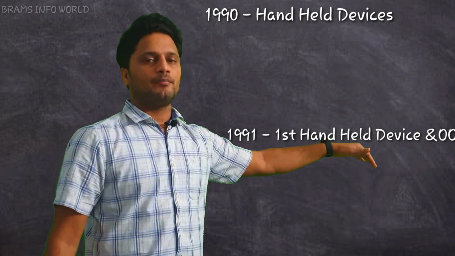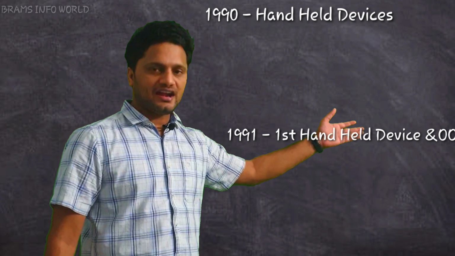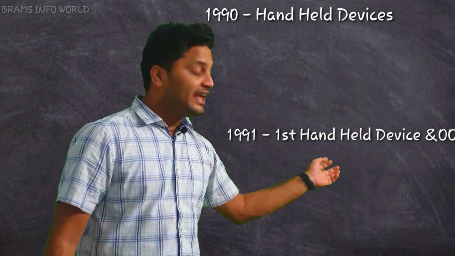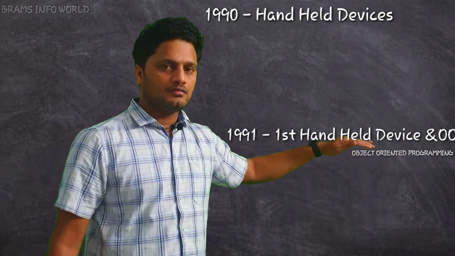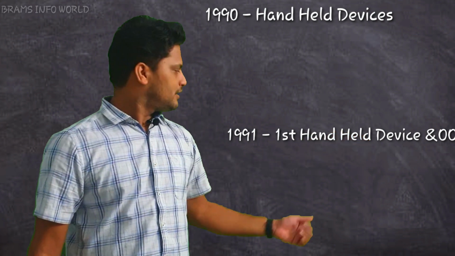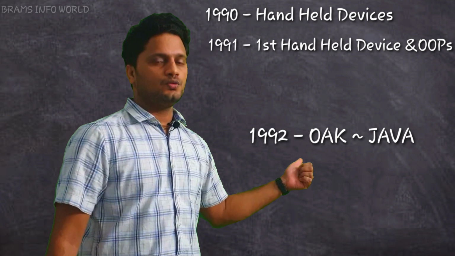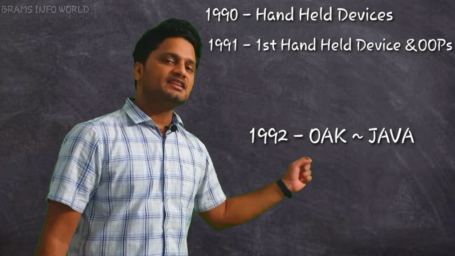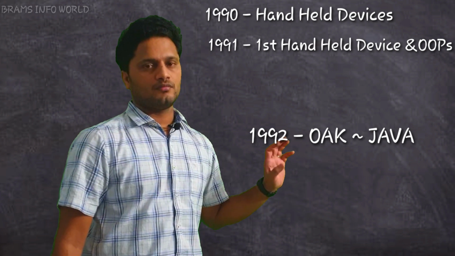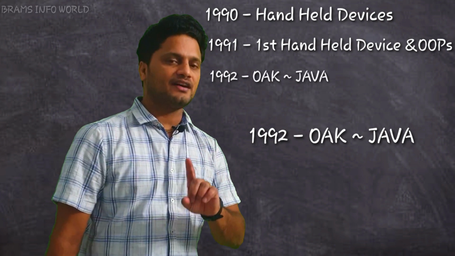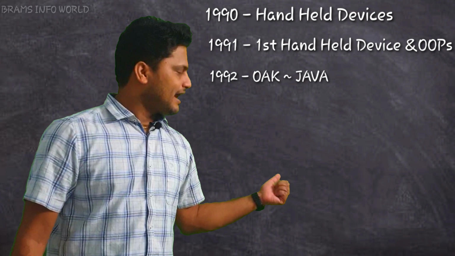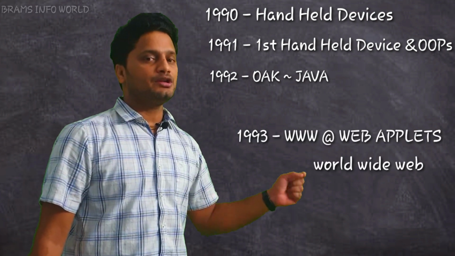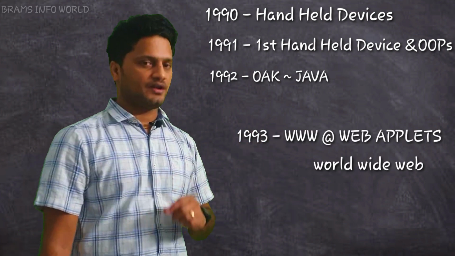They started developing programs related to handheld devices, and they introduced OOPS concepts in this language. In 1992, this language was initially called Oak, and the first handheld device was also made in 1992. In the year 1993, the WWW became very popular.